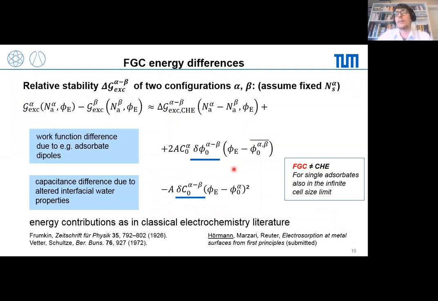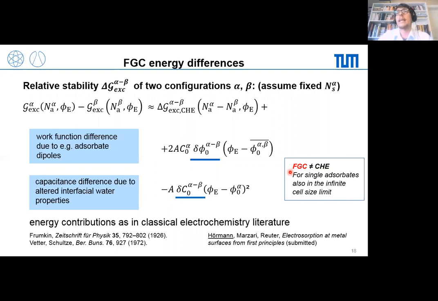It turns out that you can do some kind of analytic limit, for example, for single adsorbates on the surface, for infinite cell size, where you try to understand how we can describe single adsorbates on an infinite surface.